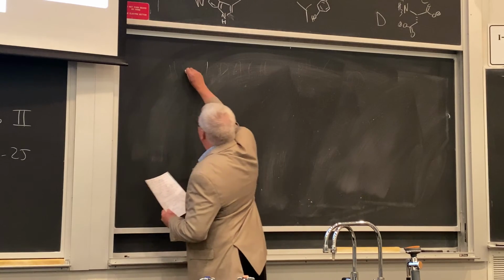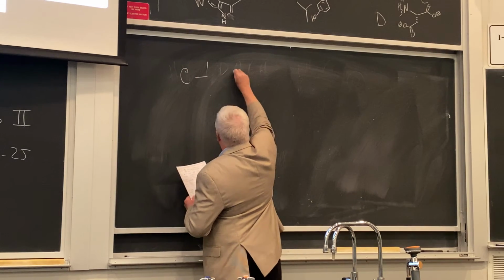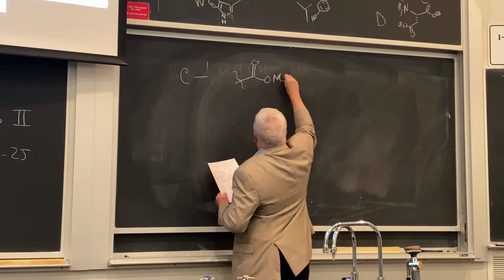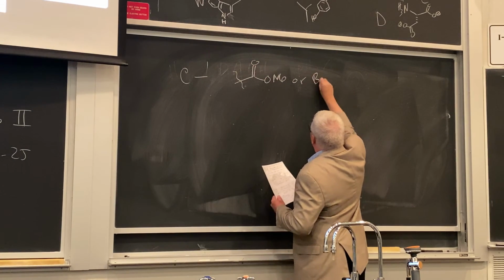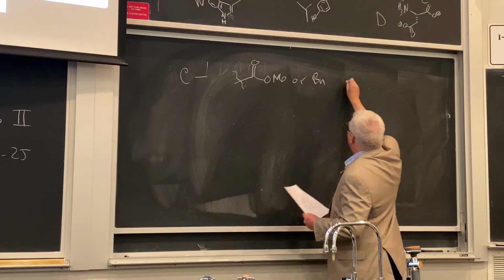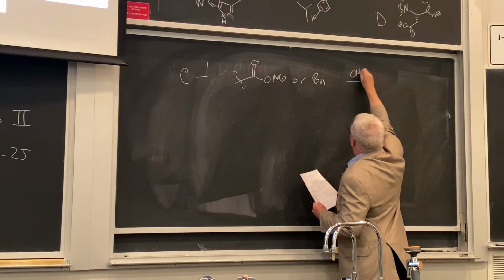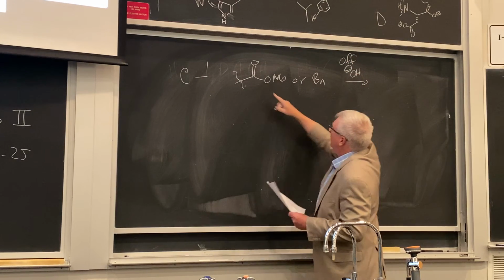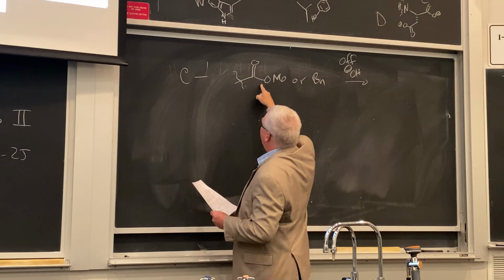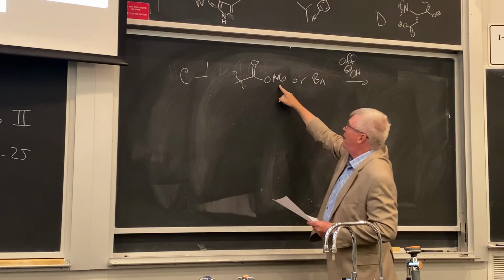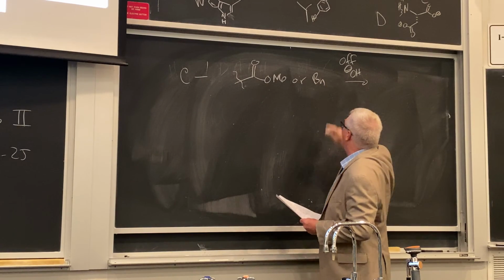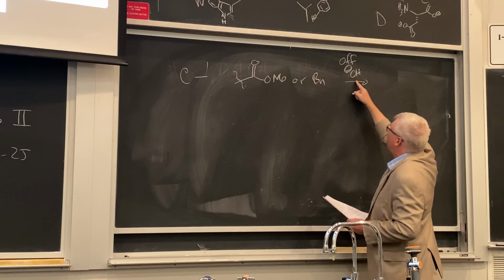The C terminus side is always as an ester, methyl ester, or a benzyl ester. And that's nice because it just comes off with hydroxide. So here's the off part, okay? And it just goes on with regular Fischer esterification in methanol and acid with the free carboxylic acid, or with benzyl alcohol, and then taking off with hydroxide.